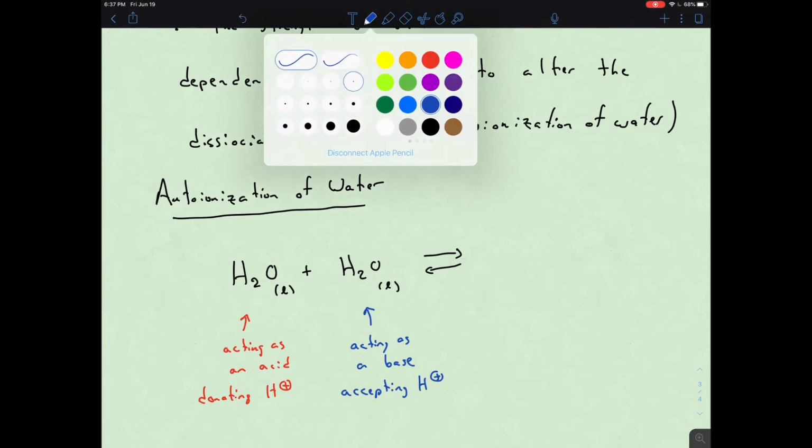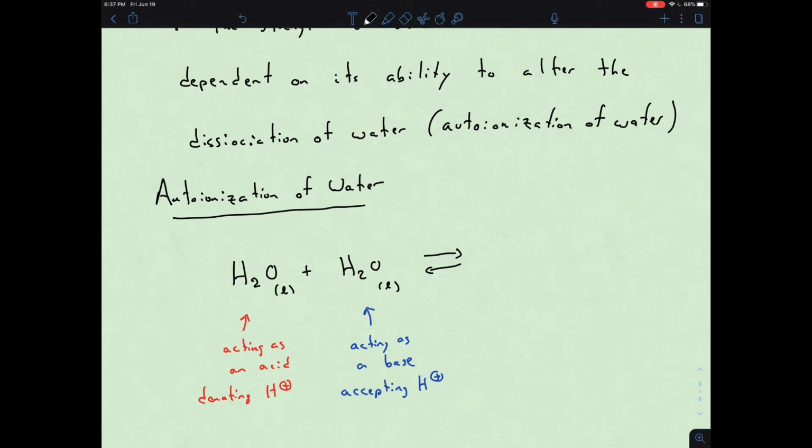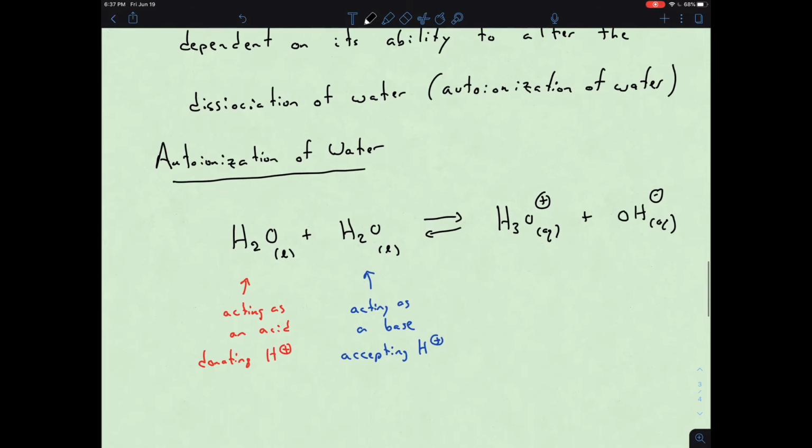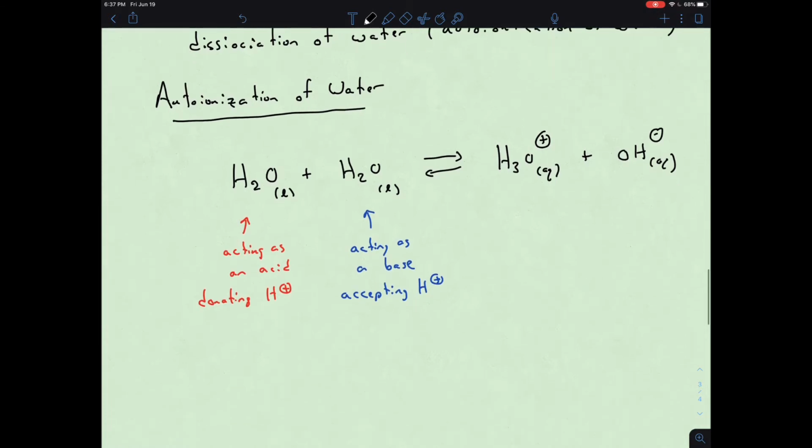And so in that reaction you would then get H3O+ plus hydroxide. So that is the auto-ionization of water. It's actually showing water's amphoteric character.